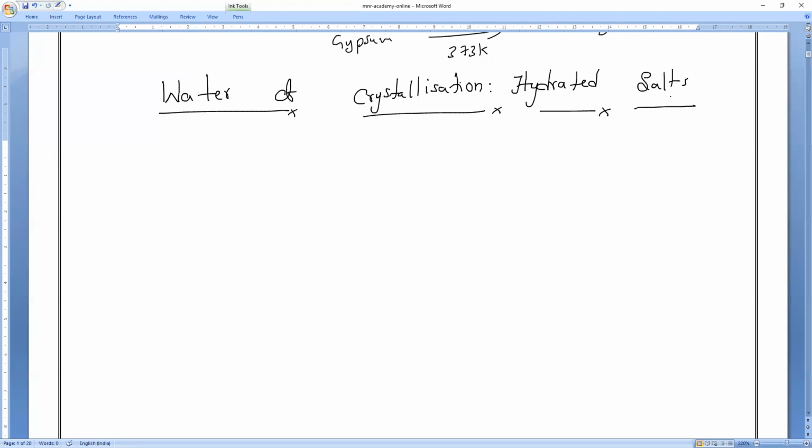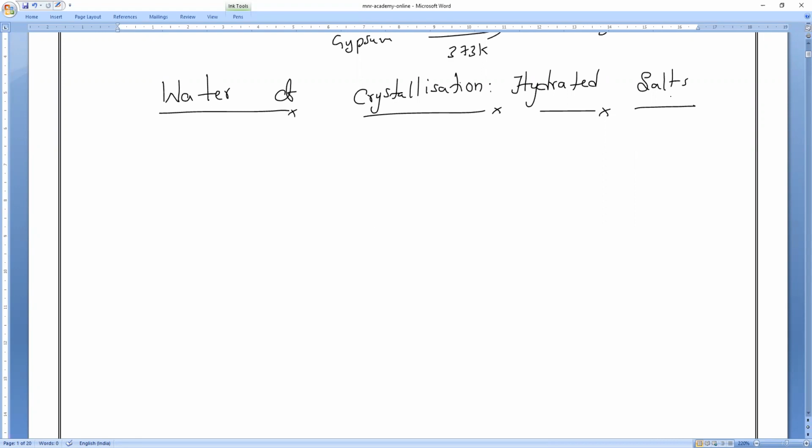If the salts are present in crystal form, that is only because of this water molecule. If you remove that water molecule, they will lose their crystal structure also. So water of crystallization gives the crystals of the salts their particular shape, and even particular colors.